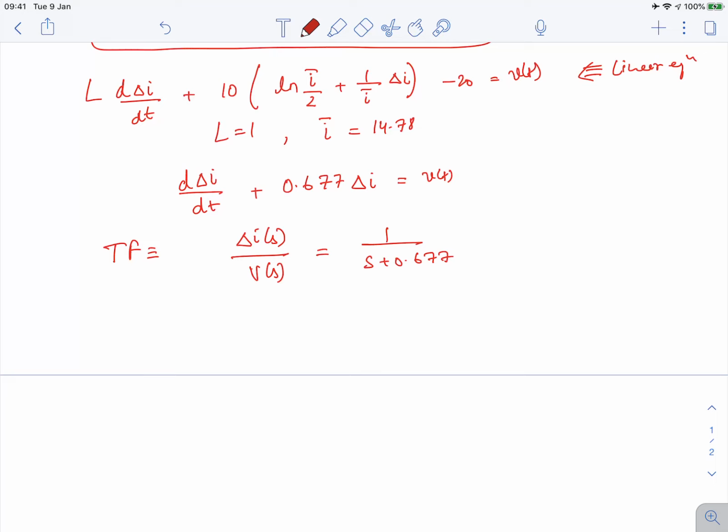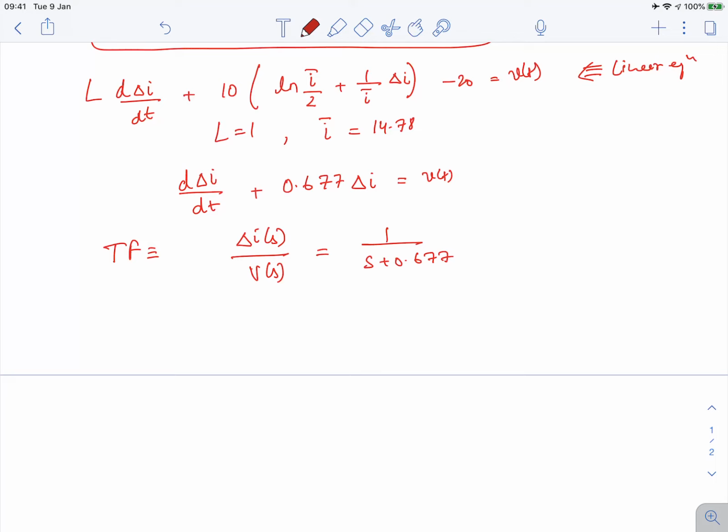If you have any doubt about this linearization, or any other doubts in the tutorial problems, we can take them now.